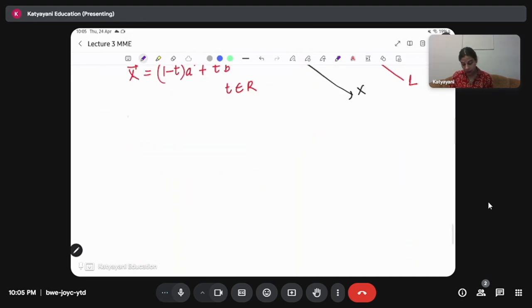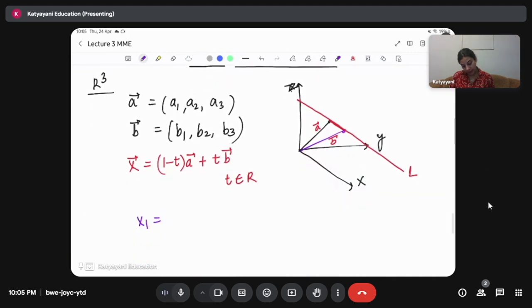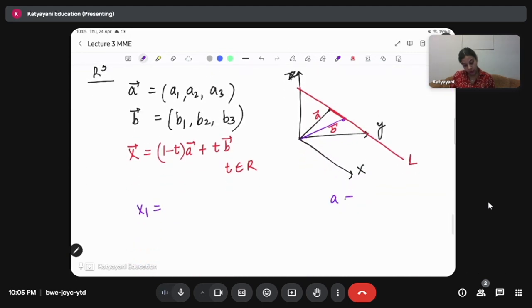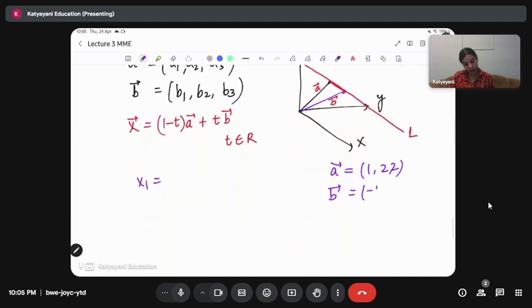So let's solve it. What was the value of a we had? a was 1, 2, 2, and b was -1, -1, 4. So x1 here would be 1 minus t times a1, where a1 is 1, plus t times b1, where b1 is minus 1.